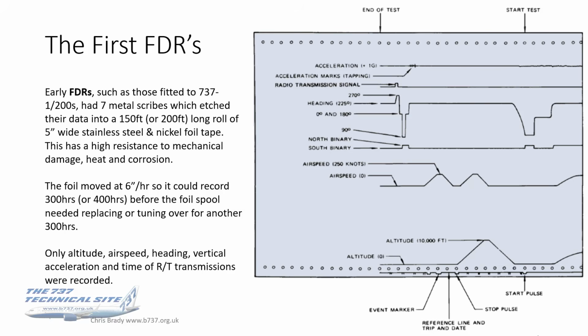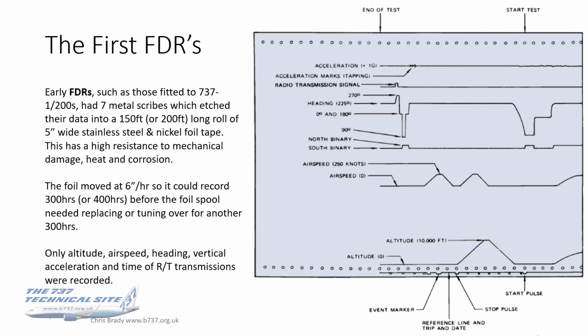Stainless steel nickel foil was chosen because it has high resistance to mechanical damage, heat and corrosion. So in other words, it was survivable. This foil moved along the drums at 6 inches an hour, so you can record for 300 hours or 400 on the 200 foot tapes before the spool needed replacing, or you could turn it over and get another 300 or 400 hours off the back of it.